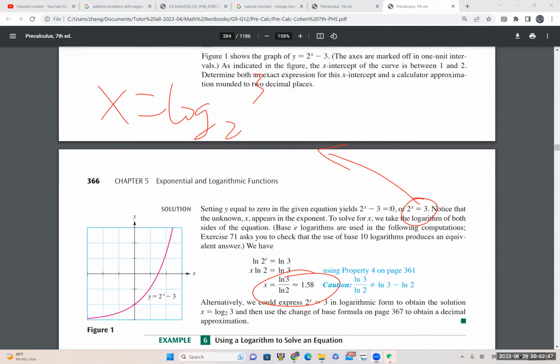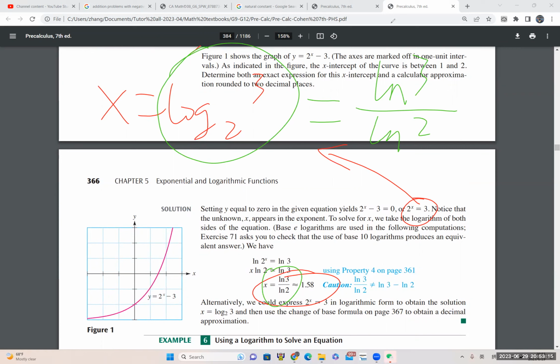So from here we can say this actually equals this. That's because we chose the natural logarithm. Of course, we can choose other logarithms, right?